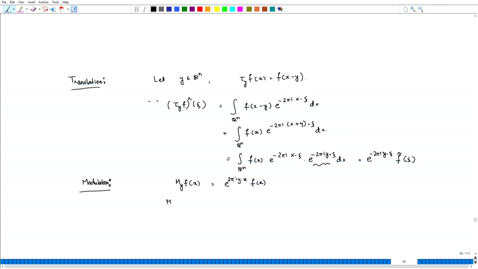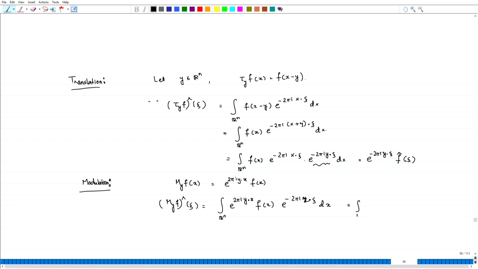Then M_y f hat at xi is the integral over R^n of e to the power 2 pi i y dot x f of x e to the power minus 2 pi i x dot xi dx. Now, in R^n we know that y dot x is equal to x dot y.